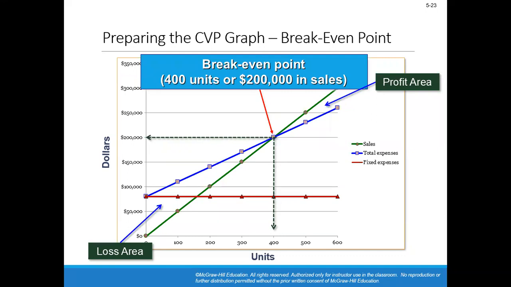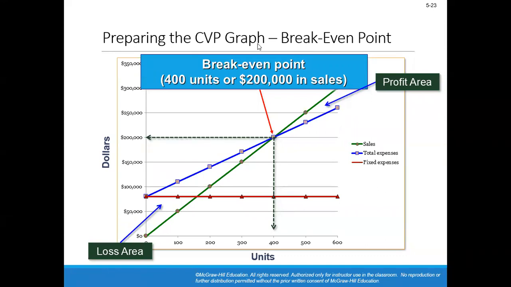Now, what is the profit level at 400 units of sales?